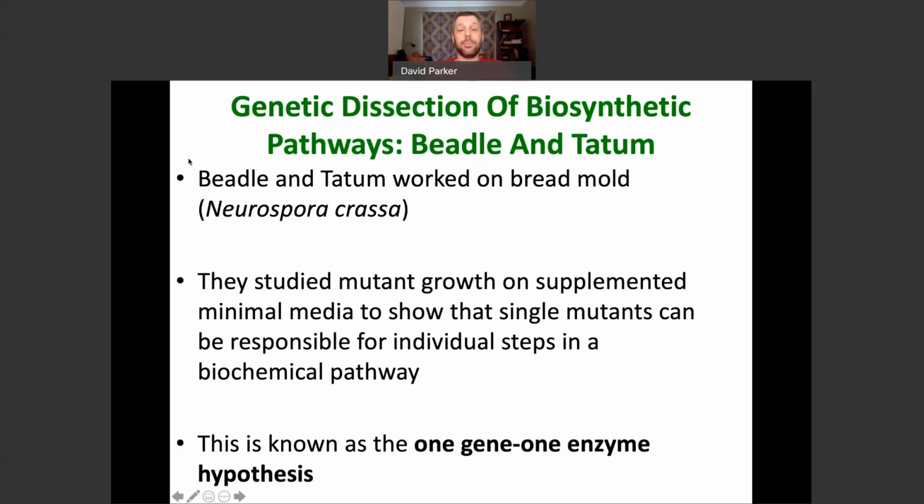So what they did was they took a bunch of bread mold and they mutated it and asked what those mutated bread molds needed to grow. And what they showed was that single mutants could be responsible for different steps in a biosynthetic pathway. And that led to this hypothesis known as the one gene, one enzyme hypothesis. It's a very famous hypothesis in biology.